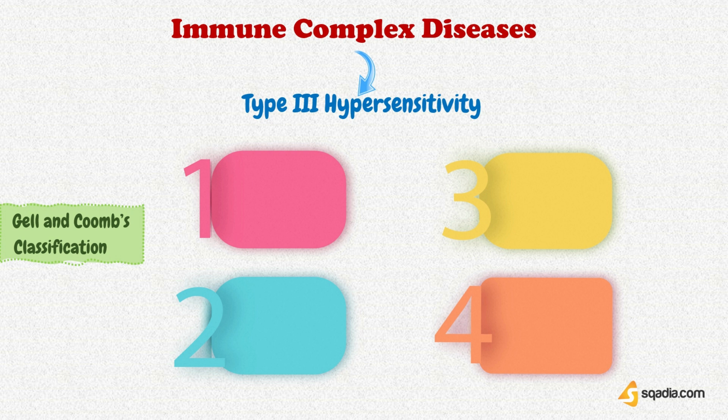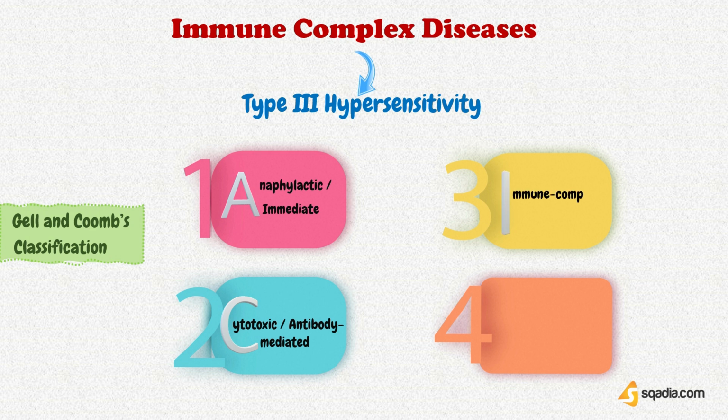Now, these hypersensitivity reactions are classified into 4 types according to Gell and Coombs' classification. Type 1, called Anaphylactic or immediate hypersensitivity reactions. Type 2, called Cytotoxic or antibody-mediated hypersensitivity reactions. Type 3, or immune complex-mediated hypersensitivity reactions.